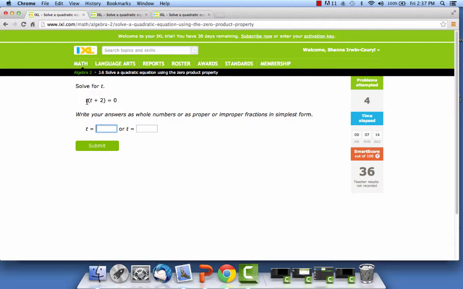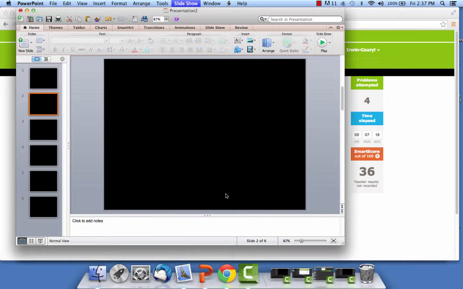Okay, now this one, we've got t times t plus 2. So this one actually in a way is easier, but if you're just doing it in your head automatically, sometimes people forget to deal with this one at all. So either t is 0 or t plus 2 is 0. So you get the minus 2, which you probably would have gotten right away, but people forget this one.